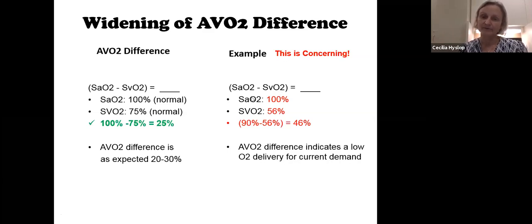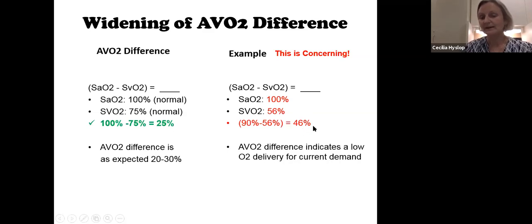In this example, this patient had a saturation of 100%, but their mixed venous was 56%. So that should be 100 minus 56, right? And so we'll see a much wider AVO2 difference.